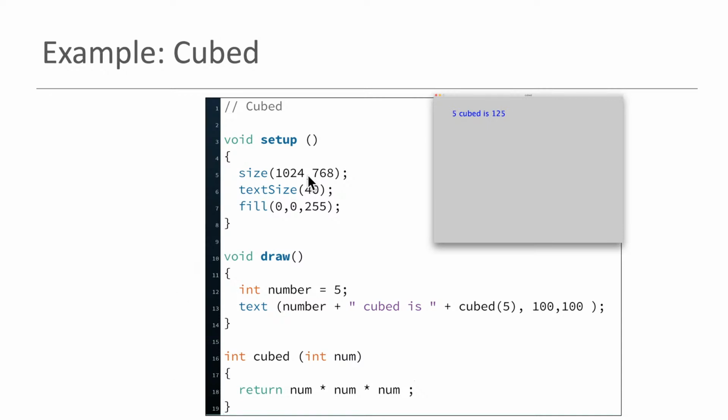So we have setup. This time, just to get away from writing to the console, we're using text and fill and text size. So in setup, I'm just sizing the window. This is an important number, 1024 by 768. And other important numbers are 1280 by 720.